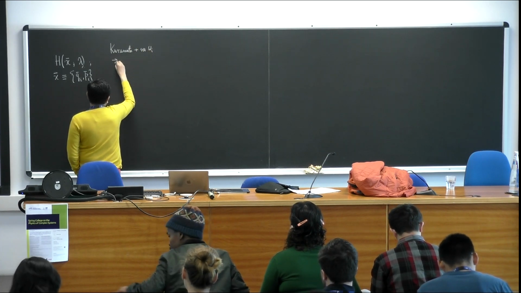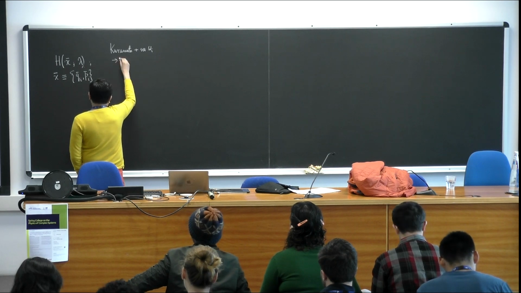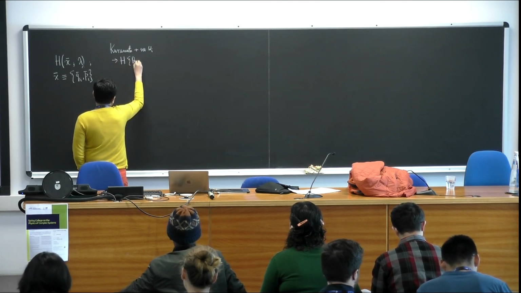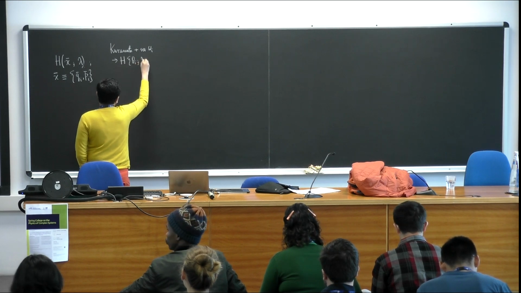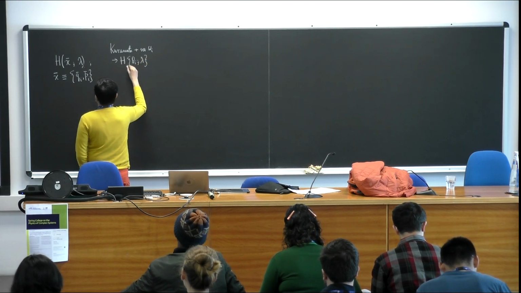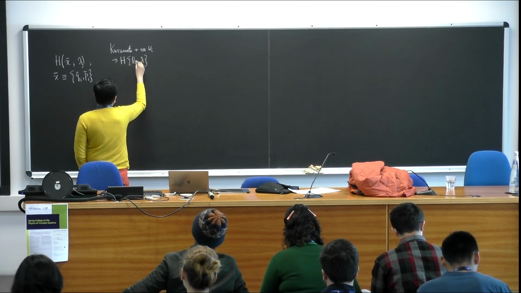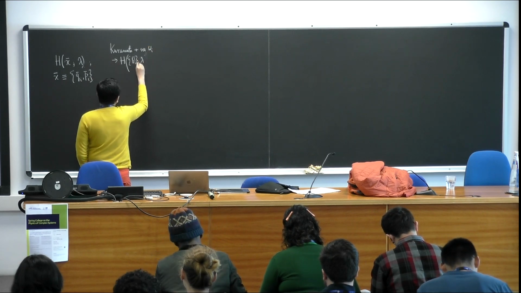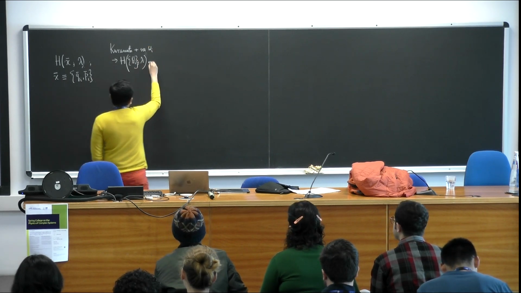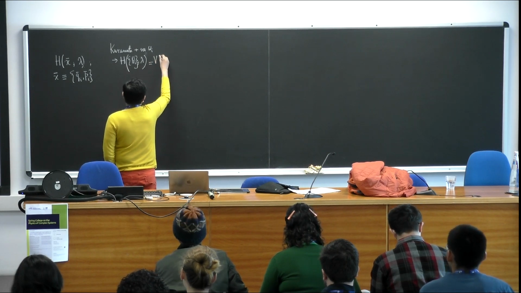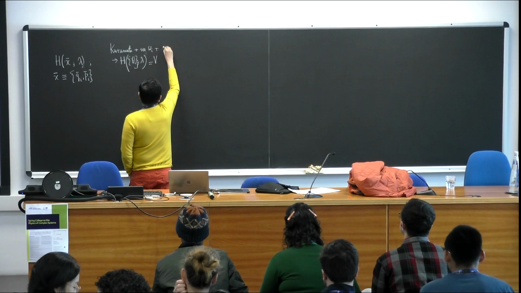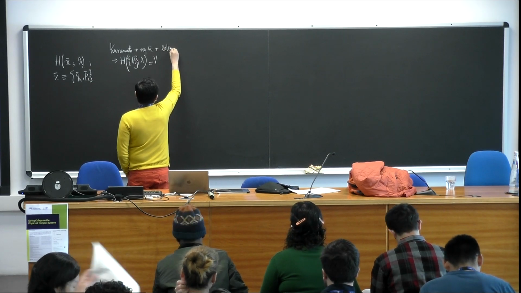So in that case, this Hamiltonian will be just the potential energy with no omega i plus an external magnetic field.